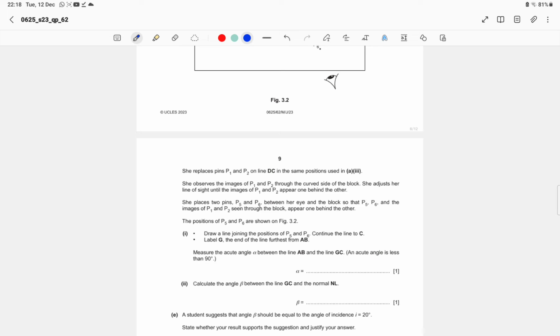She adjusts her line of sight until the images of P1 and P2 appear one behind the other. She places two pins P5 and P6 between her eye and the block, so that P5, P6 and the images of P1 and P2 seen through the block appear one behind another. The positions of P5 and P6 are shown in figure 3.2.